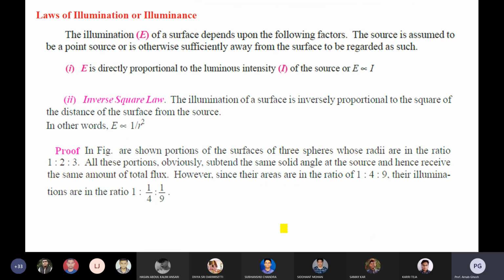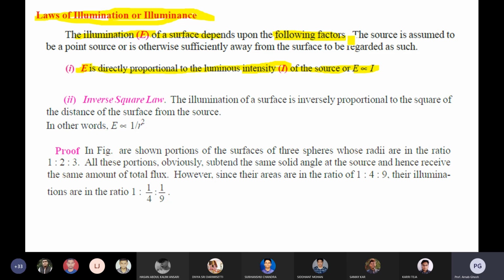Now, the most important thing: the laws of illumination. What are these laws? First, E is directly proportional to the luminous intensity I of the source. E is the illumination of the surface, which depends upon the following factors.